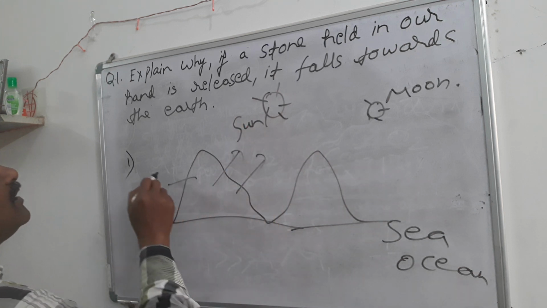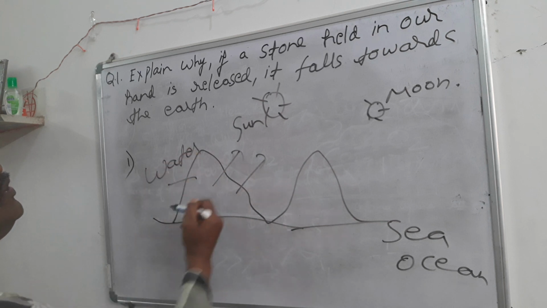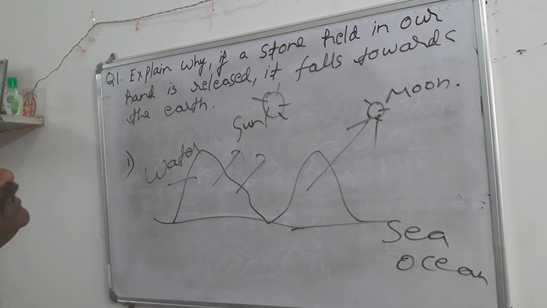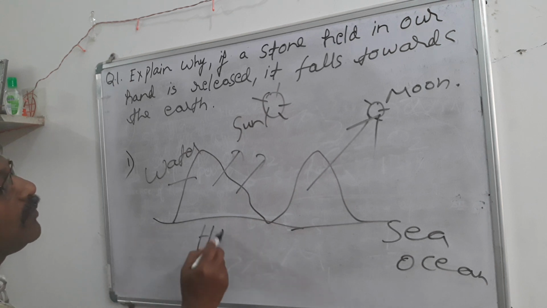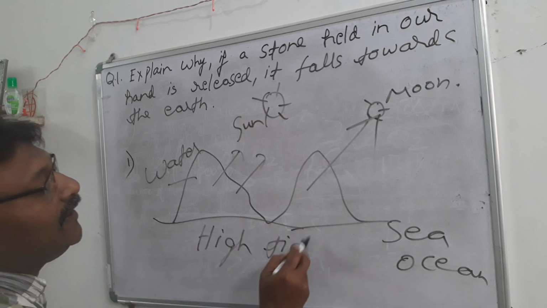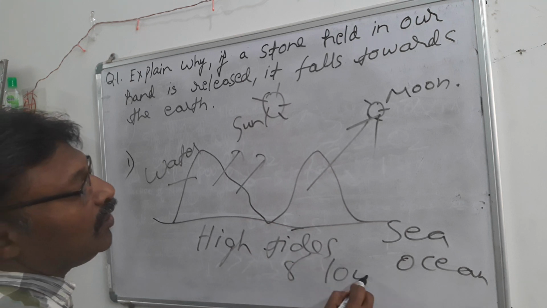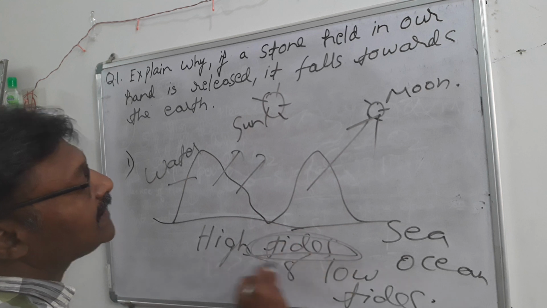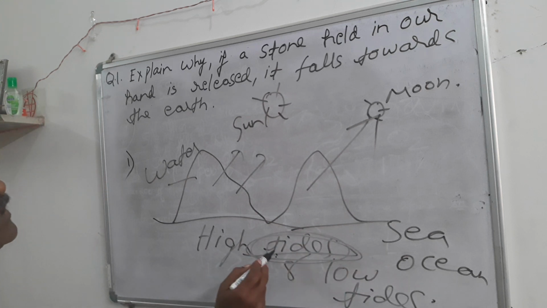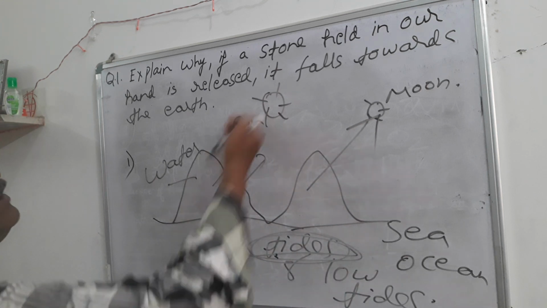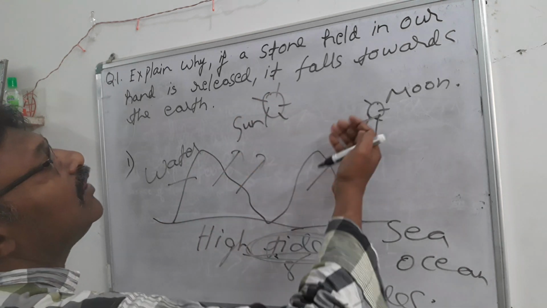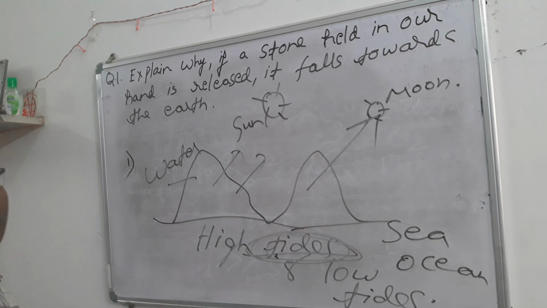Water is pulled towards the sun and water is also pulled towards the moon. This is the process of high tides and low tides. So what is the cause of the appearance of tides in the ocean? The cause is the gravitational pull of the sun and the moon on the water. So these are certain significances.